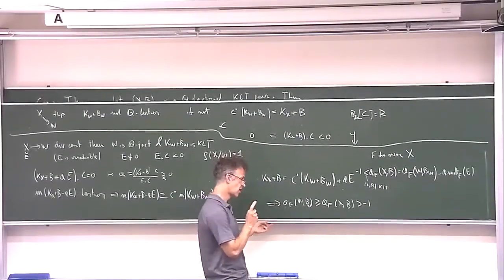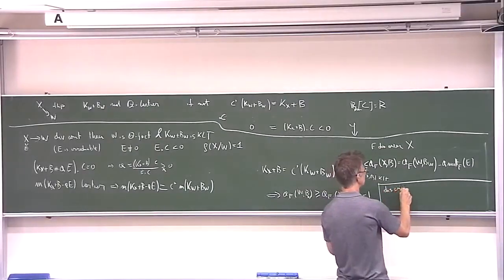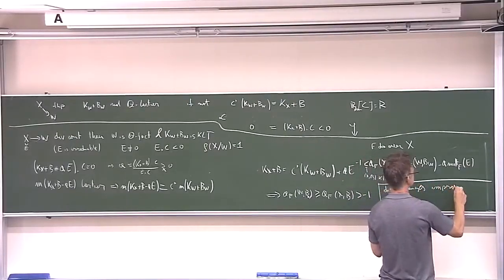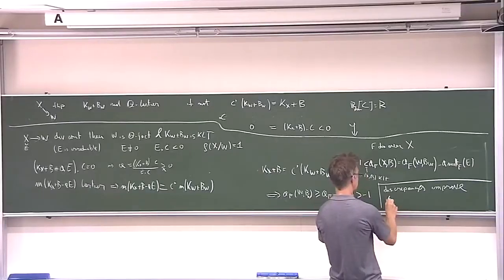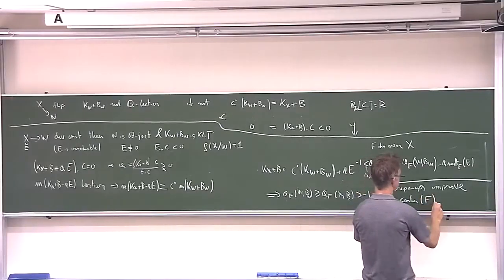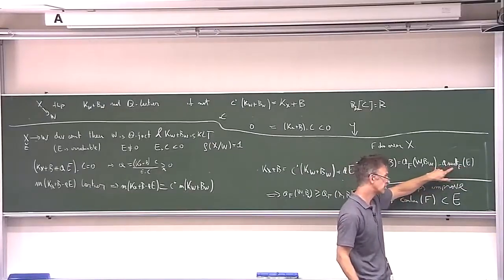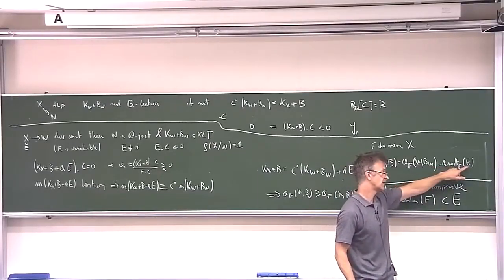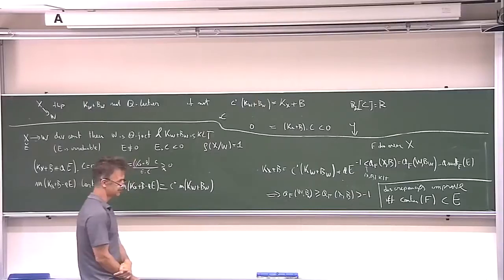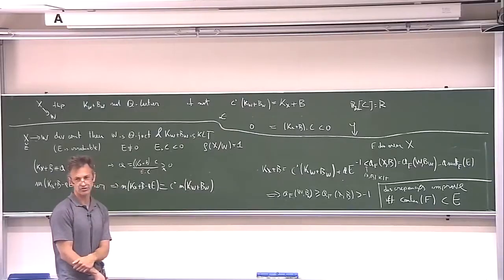But it tells us slightly more. It says that discrepancies improve. So we have the strict inequality if and only if the center of your divisor is contained in E, right? If the center of F is contained in E, that's precisely when the multiplicity of E along F is strictly positive. So in some sense, in this purely numerical sense, the singularities are actually improving.